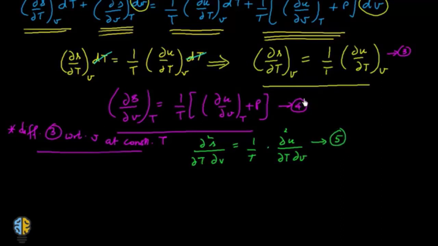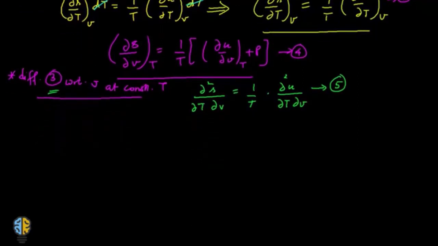Now let's differentiate equation 4 with respect to T at constant volume. It's the opposite of what we did for equation 3.